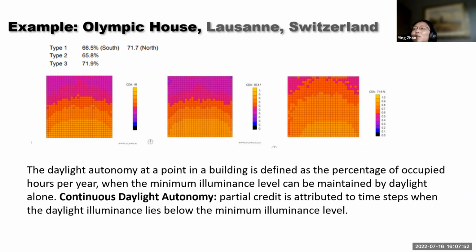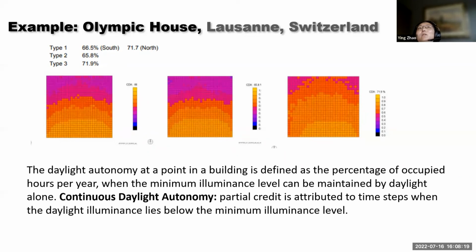So they look at how many percent of occupied hours in the whole year this level of illuminance can be reached. They modify this and use continuous daylight autonomy, which considers partial hours.